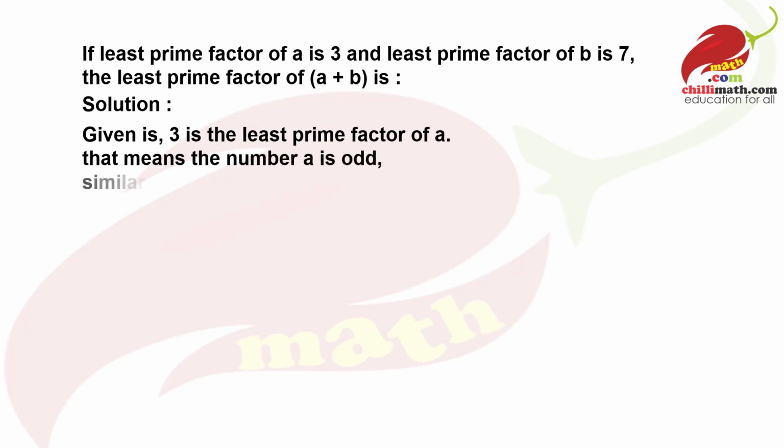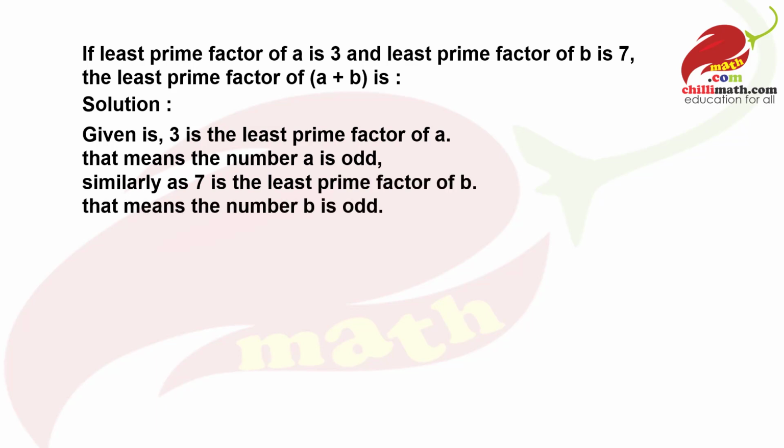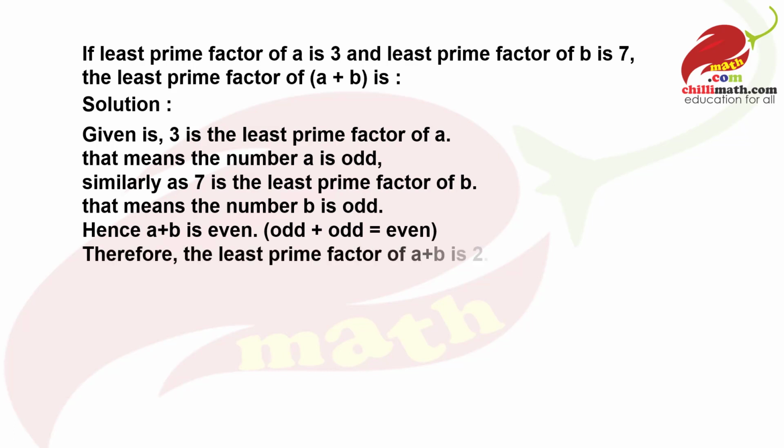Similarly, as 7 is the least prime factor of b, the number b is also odd. Hence a plus b is even, because odd plus odd equals even. Therefore, the least prime factor of a plus b is 2, because even numbers are multiples of 2.